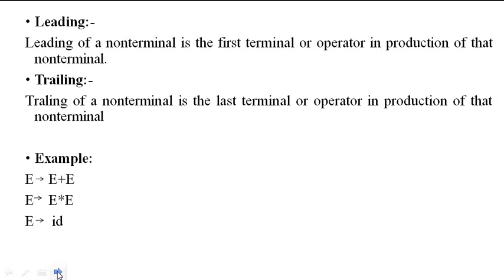Leading means first terminal or operator, while trailing means last terminal or operator. For example, you have the grammar E gives E plus E, E gives E star E, and E gives ID. So, first find leading and trailing of E.